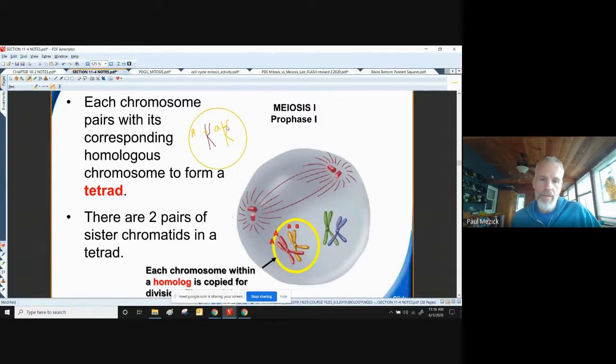And on this spot right here would be another lowercase a. That's what sister chromatids are. They are duplicates of the chromosome that you got from dad and the chromosome you got from mom. So in this image, that's what you're looking at.